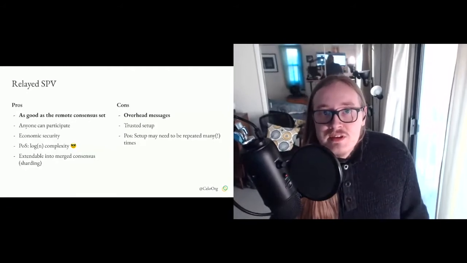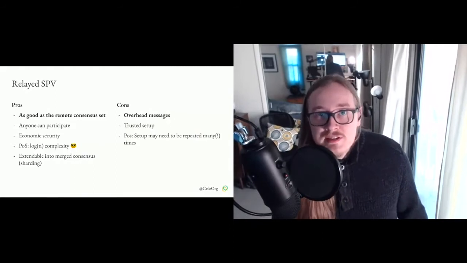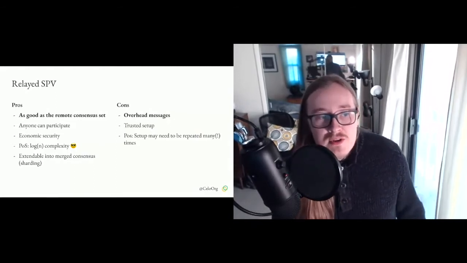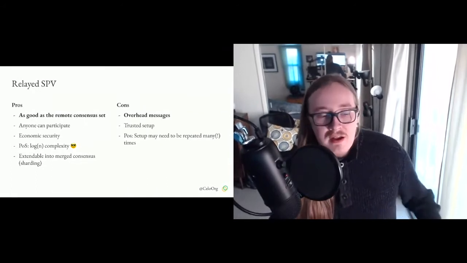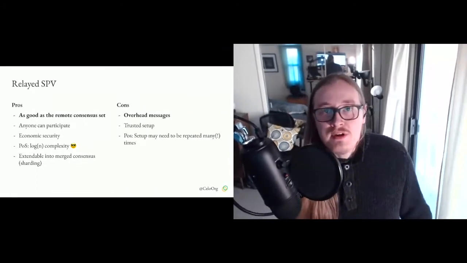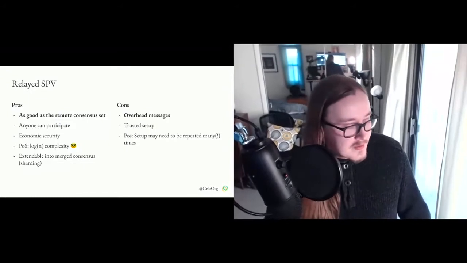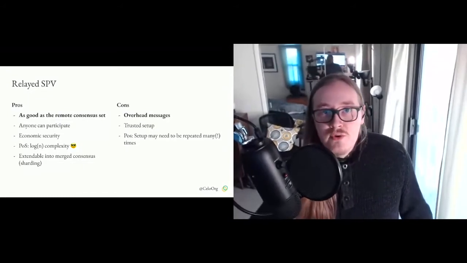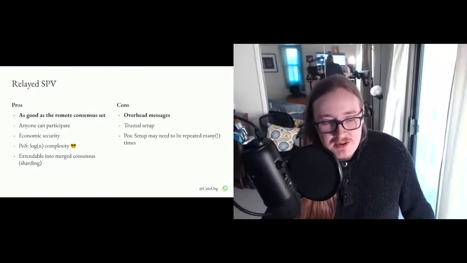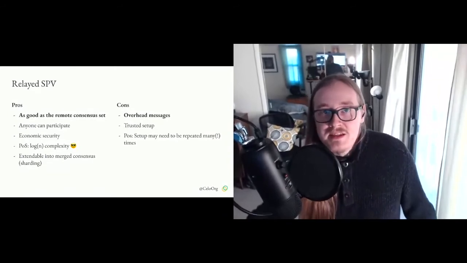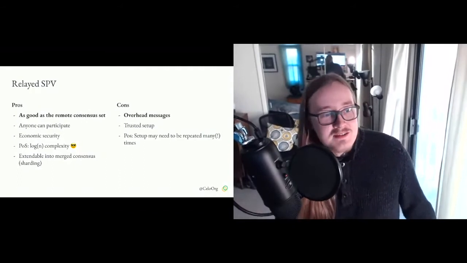And we get this really nifty thing for modern proof of stake systems where you get logarithmic complexity. I only need to process like this one header out of every 100, or a logarithmic number of headers, for modern proof of stake systems. There are very complex reasons for why that is, but it makes it extremely cheap to process.